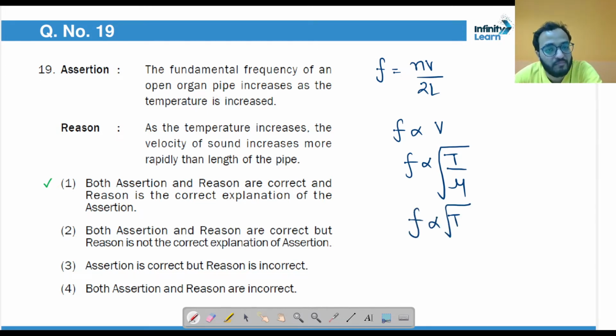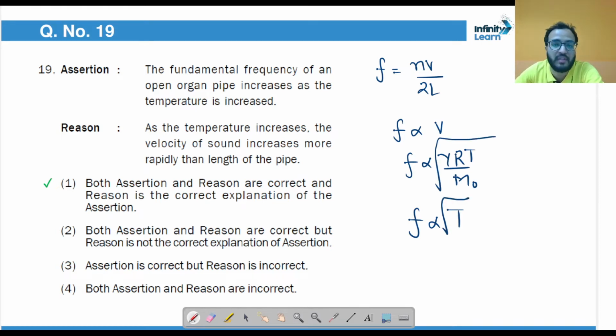Sorry, they are talking about an organ pipe, so it will be gamma RT by M naught. If you increase the temperature, the velocity increases. First option is right.